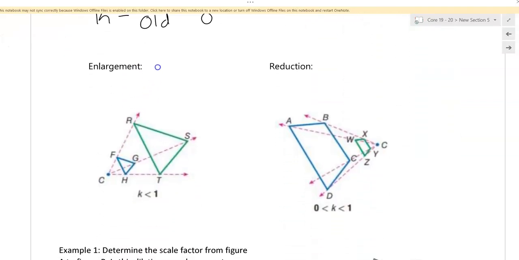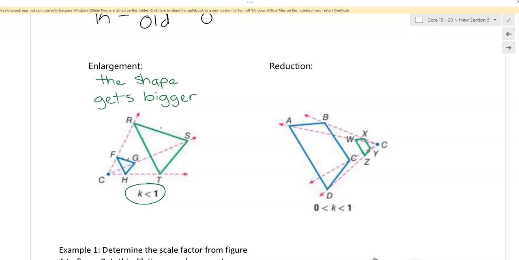So an enlargement means the shape gets bigger. Makes sense. Okay, so an enlargement is the shape gets bigger. So it started here and it went to this green shape. Okay, and this is important. That's not right.